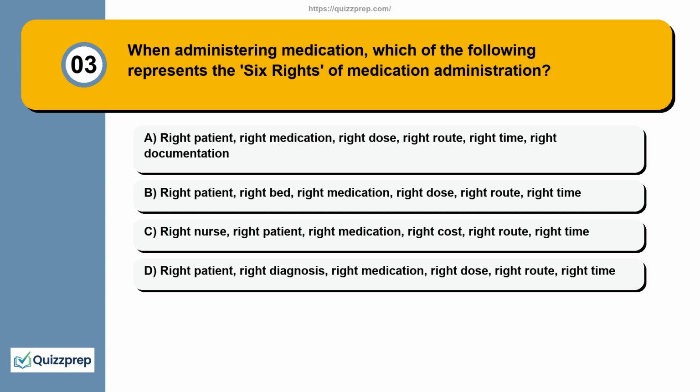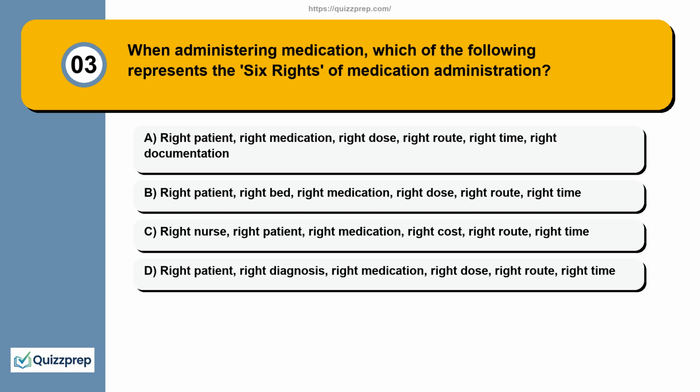Question 3. When administering medication, which of the following represents the 6 rights of medication administration? Here are your options. Option A. Right patient, right medication, right dose, right route, right time, right documentation. Option B. Right patient, right bed, right medication, right dose, right route, right time. Option C. Right nurse, right patient, right medication, right cost, right route, right time.